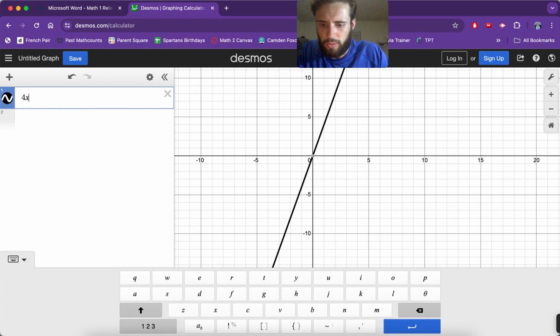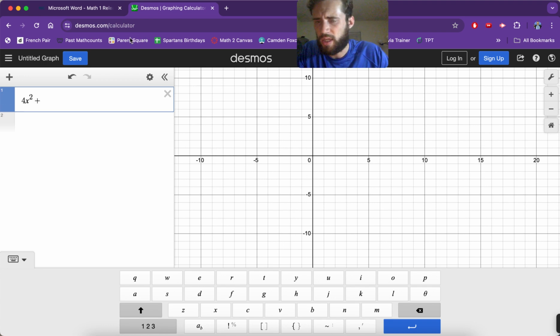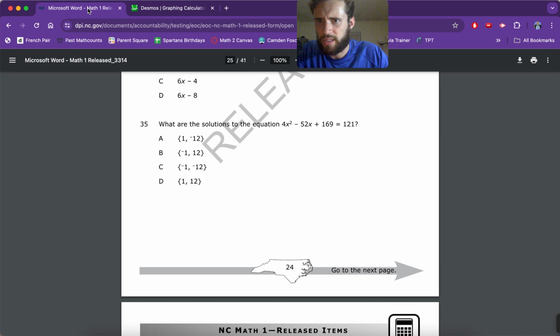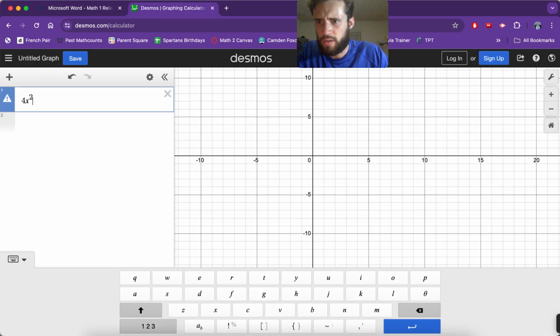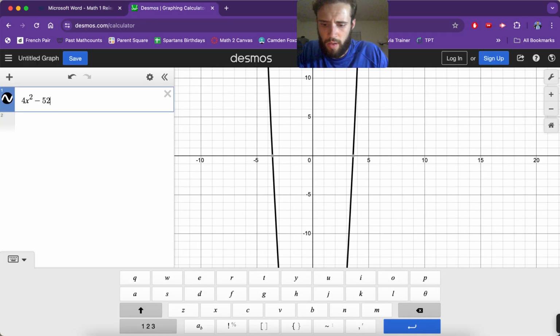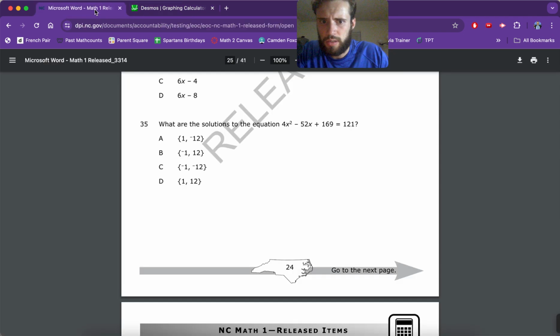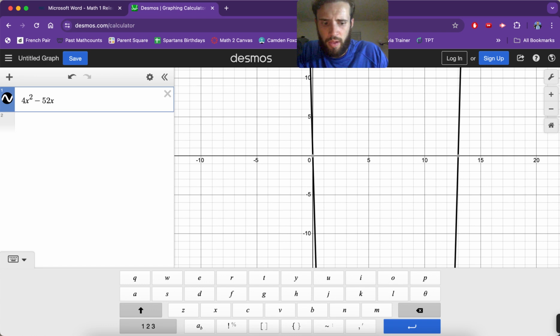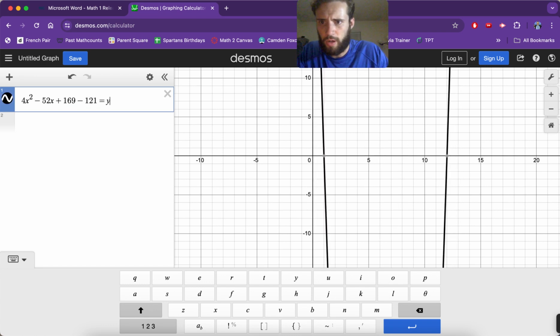So 4x squared. They might give you a question like this that's not calculator active, though. Minus 52x plus 169, but then you're going to be subtracting 121 from both sides. Right, set that equal to y.